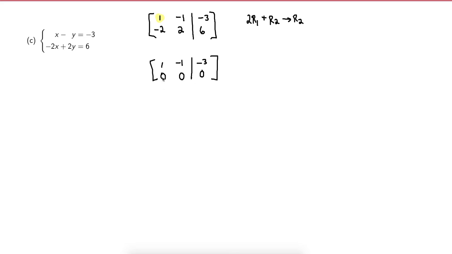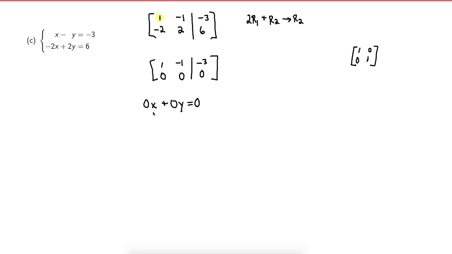And when that happens, especially to the left of this vertical line, no matter what elementary row operations we try to use, we are never going to get the left side of this matrix to be the identity matrix in the form 1, 0, 0, 1. It's just never going to happen. In fact, if we were to look at these values as the coefficients of the variables, this last row is saying 0 times x plus 0 times y equals 0.